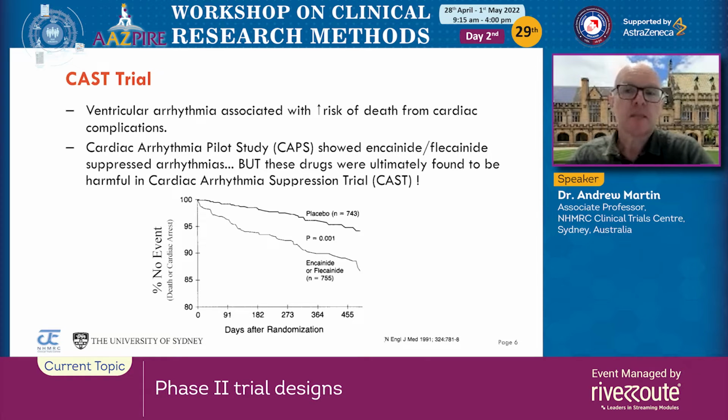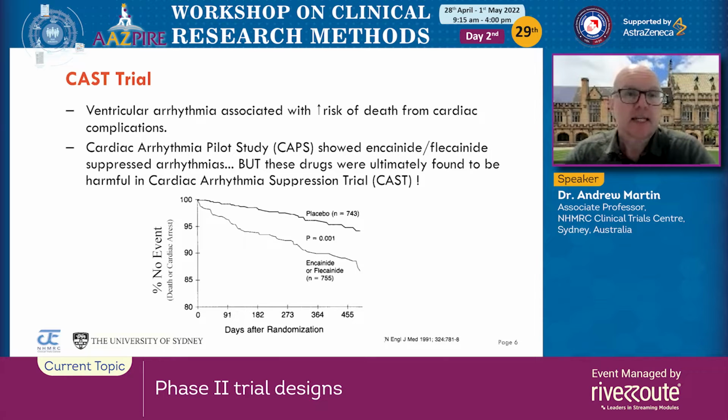And so suppressing these arrhythmias, you would think, should lead to an improvement in survival time. And indeed, the CAPS study showed 2 particular agents were effective in suppressing arrhythmias.